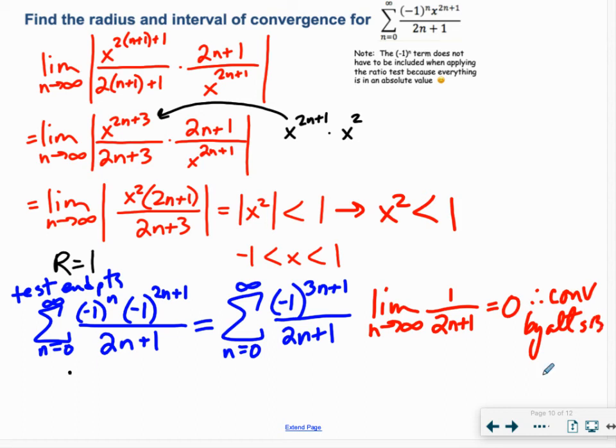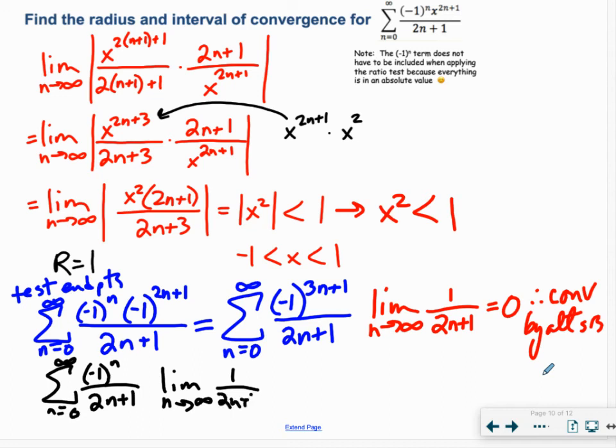Okay, if we test the other endpoint, so we're testing 1, so we have -1 to the n times 1 to the 2n plus 1, which is just 1, right? Over 2n plus 1, another alternating series. We've already done this. The limit as n approaches infinity of 1 over 2n plus 1 equals 0.